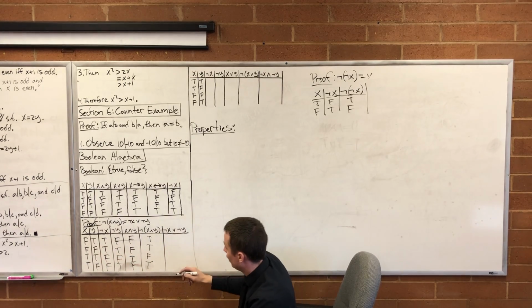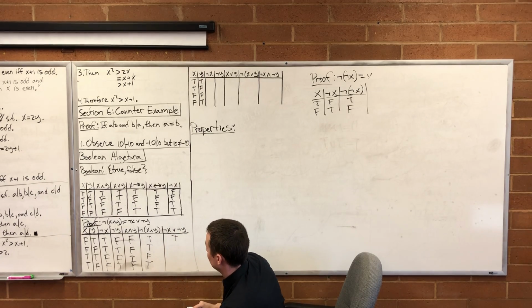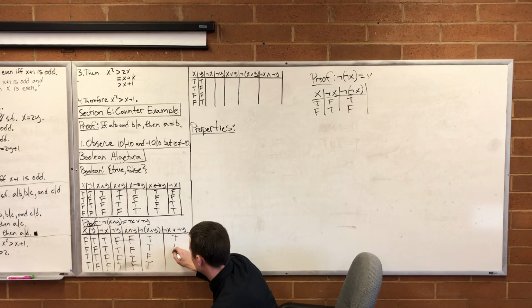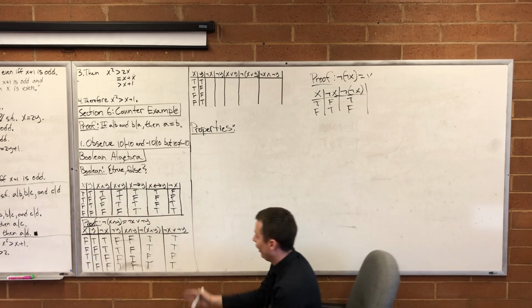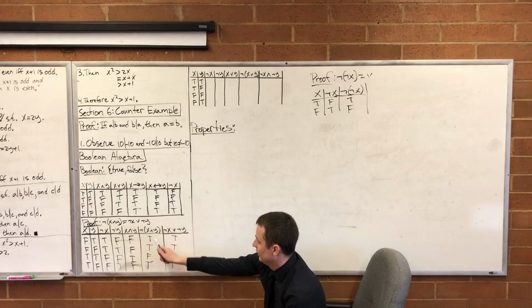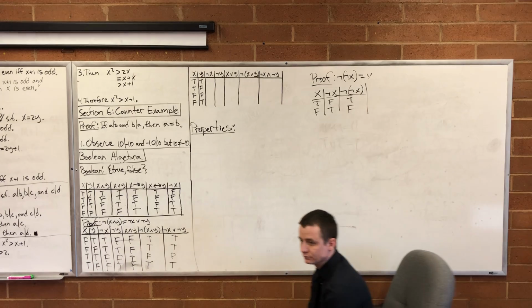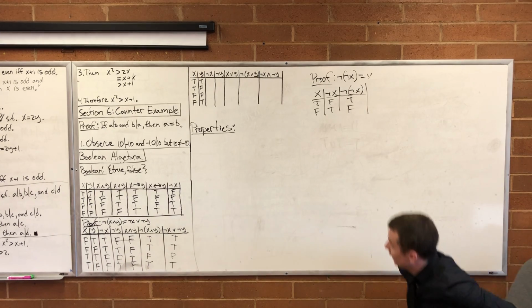So true or false is? True. True or true is? True. False or false is? False. False or true is? True. And notice, this column and this column have identical values. Therefore, they're logically equivalent. This and this are the same. Okay? So now let's do it the other way.